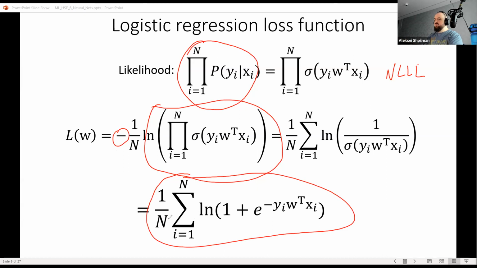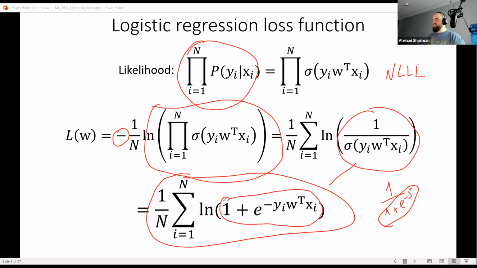It's 1 over n, because we want it not to be dependent on n. Then we do sum of the logarithms, and this is just a negative logarithm. And if you remember, this is the sigmoid function, right? So if we take 1 over that, we just take that, and this would be the correct answer.